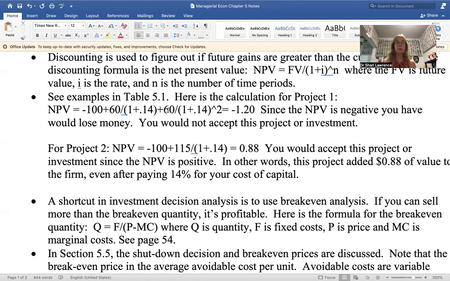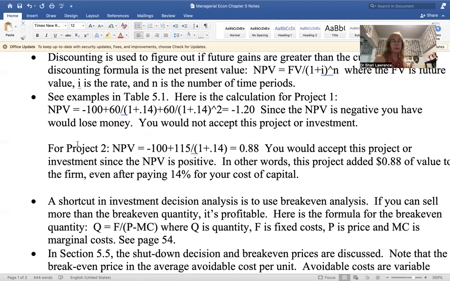In year 2, they got a cash flow of $60, and you divide that by 1.14 squared. When you sum all this up, you end up with negative $1.20. So they're losing money. You would not accept that project.